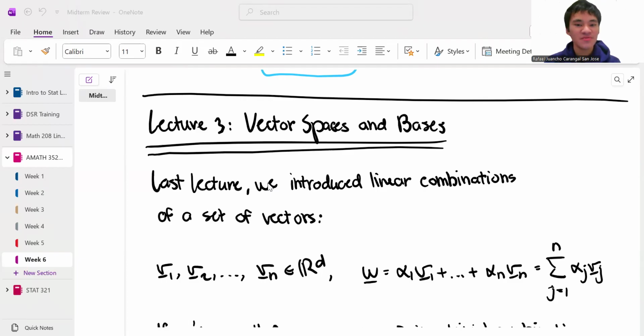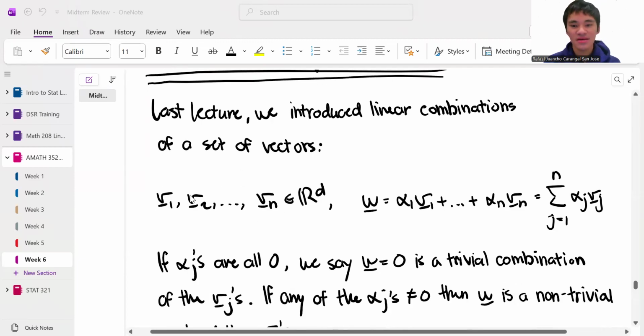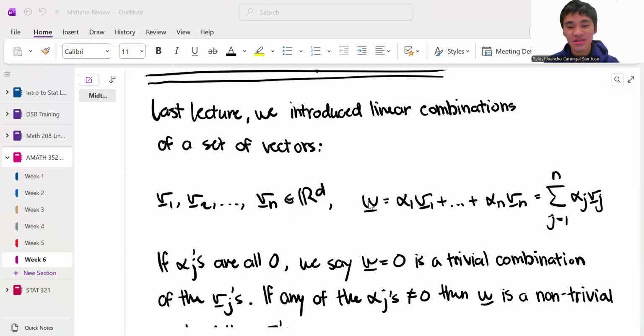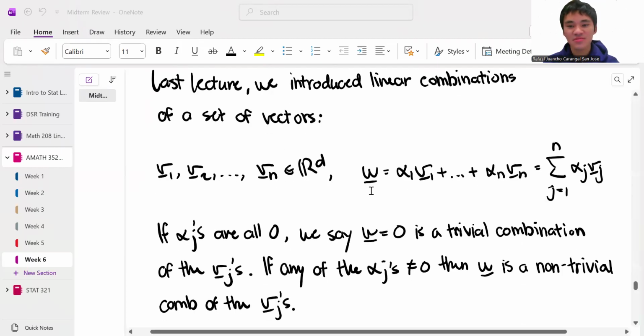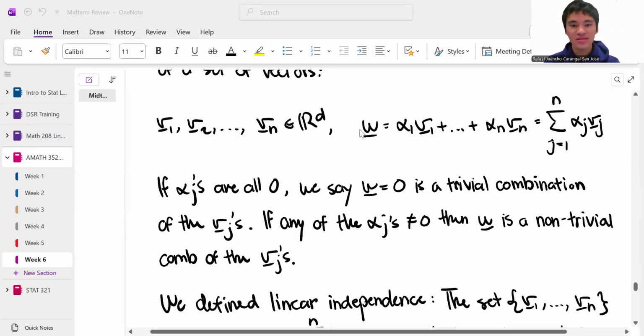In the previous lecture, we introduced linear combinations of a set. Given a set of vectors v sub 1 to n in R^d, we have this vector w, where if we add up all of the vectors in our set with some scalars, we get that vector w out of it.